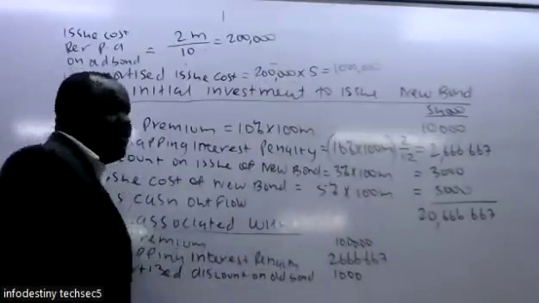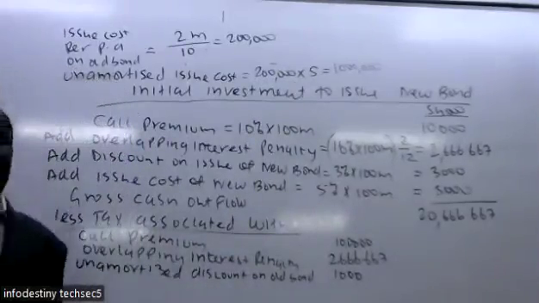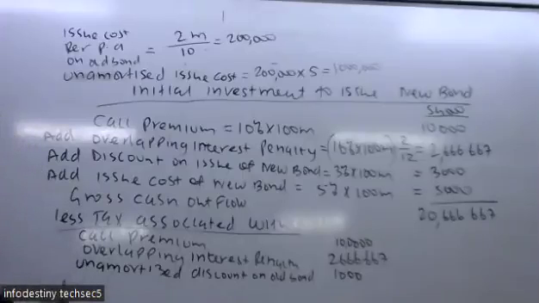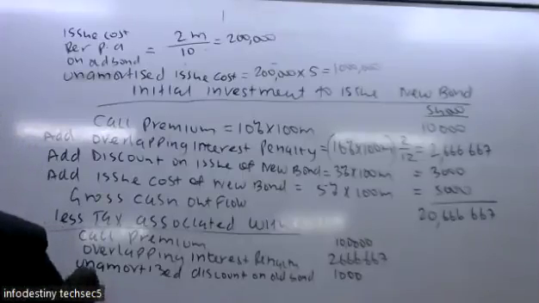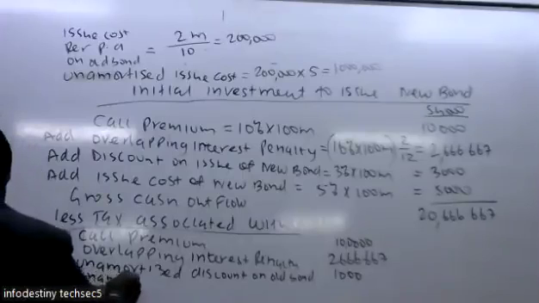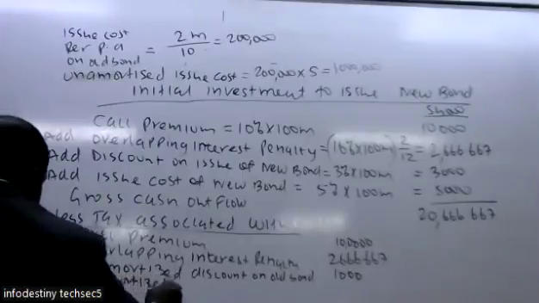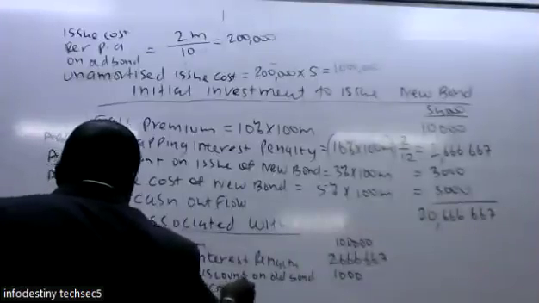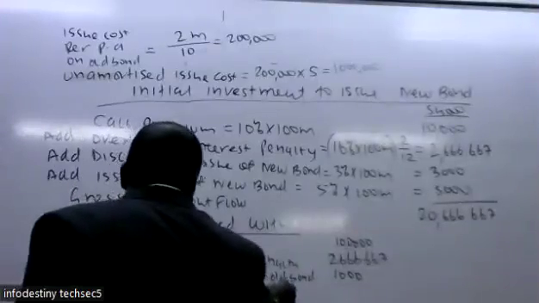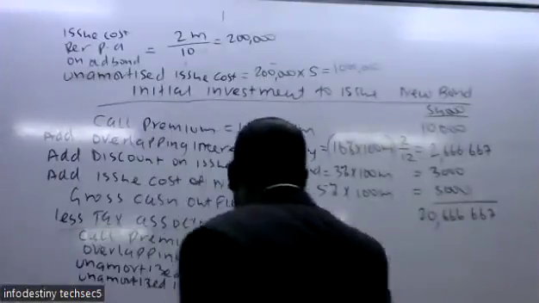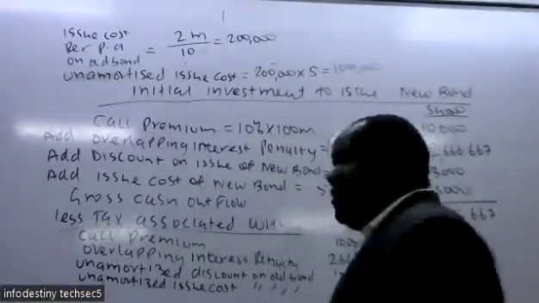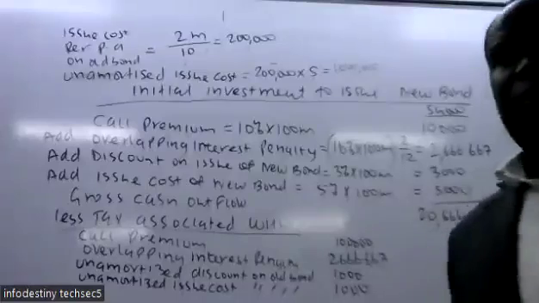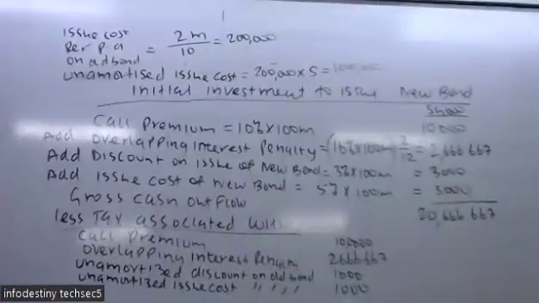It will also be 1 million like that. So that we now also include it there as an amortized issue cost on the old bond.